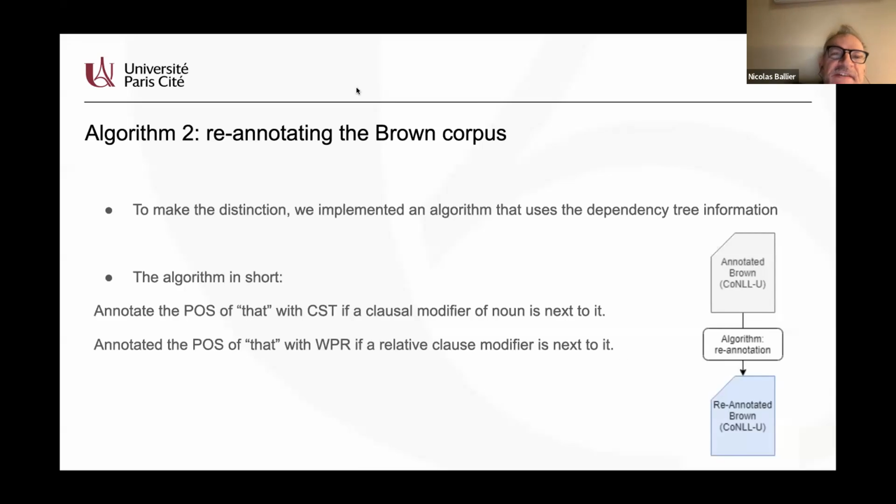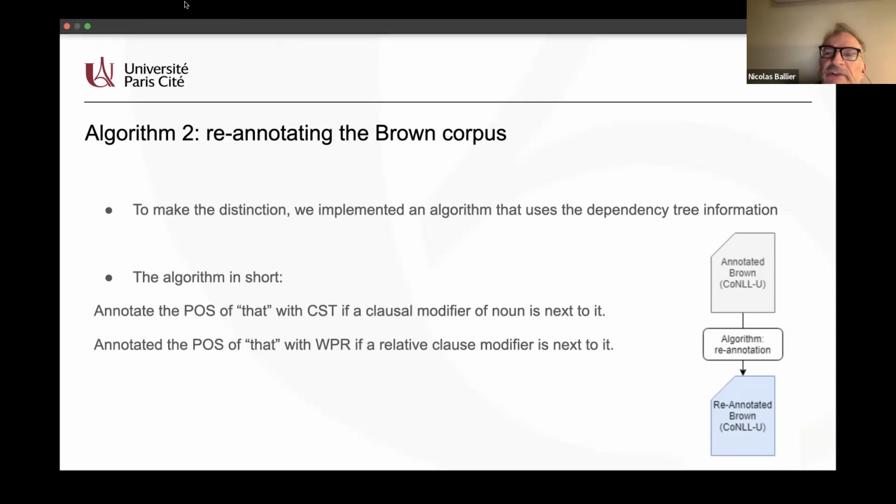In the first experiment, we tried to identify non-complement clauses and relative clauses using the parsing structure, the universal dependency. In the second series of experiments, we tried to identify relative clauses and non-complement clauses by assigning them the proper POS label, the proper part-of-speech tag.